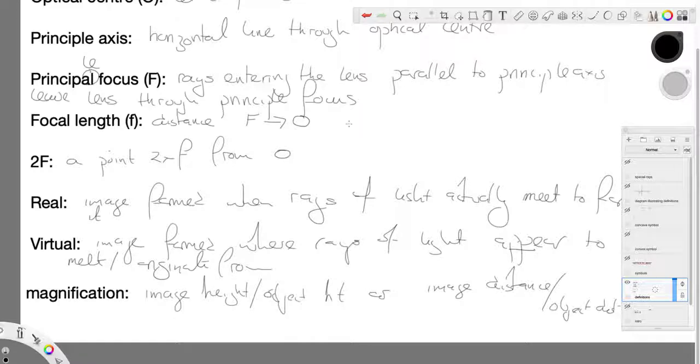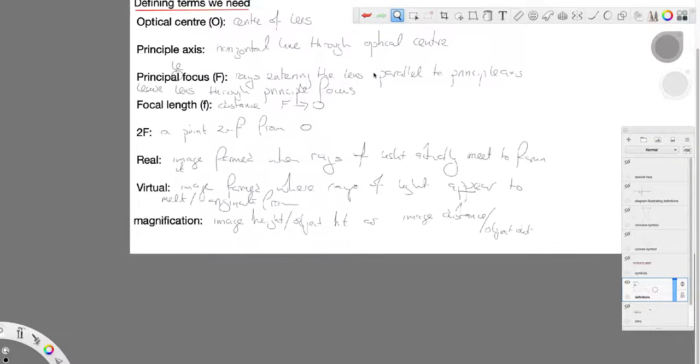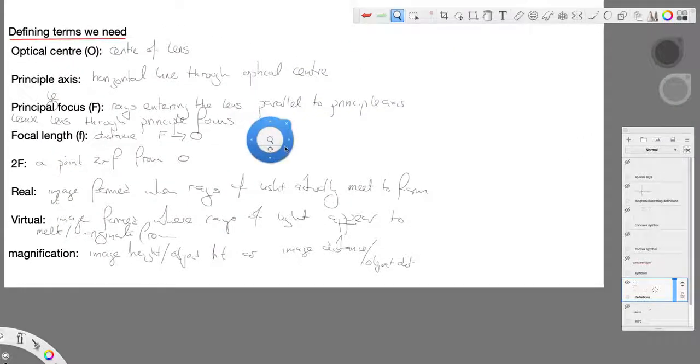So those are some key terms that you need to have in your mind. You need to know these.